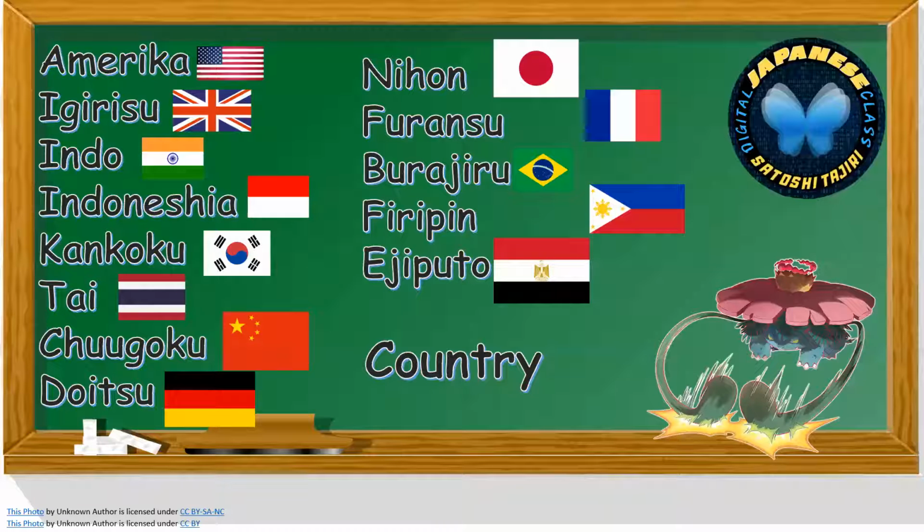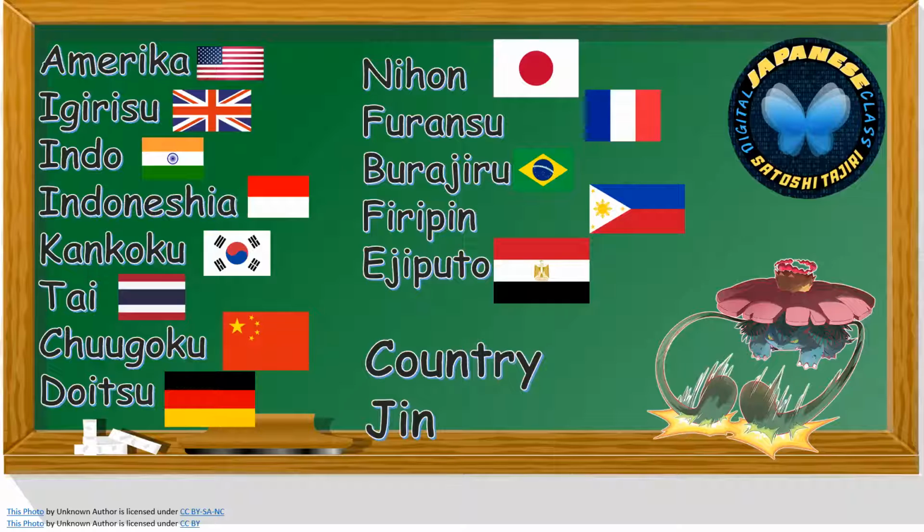Now, how about if we have our country and we make it into nationality? For example, America, then we add jin. Country plus jin.